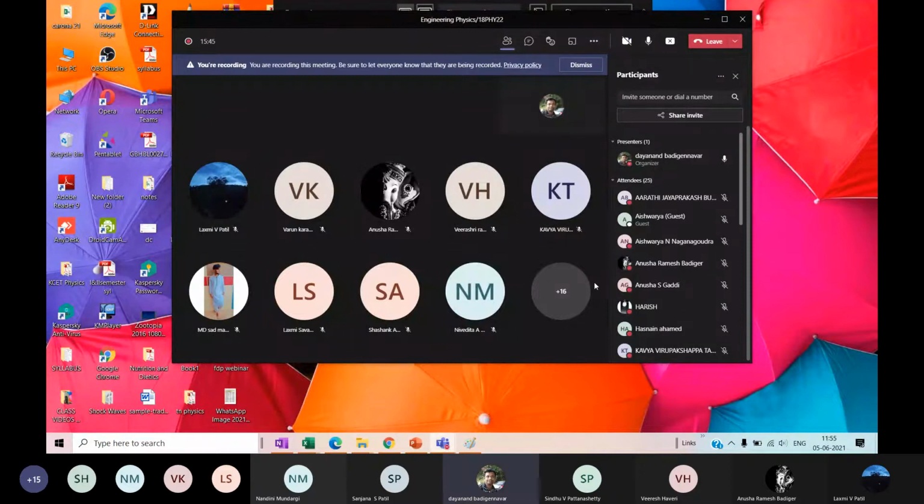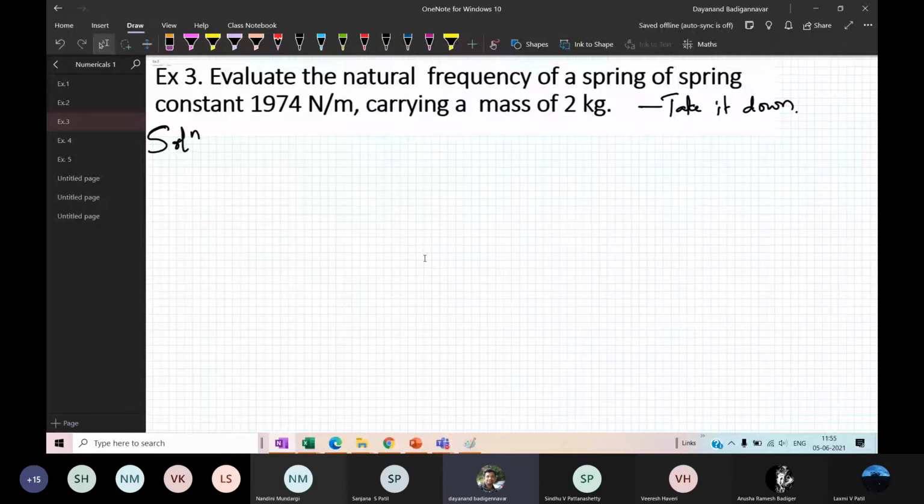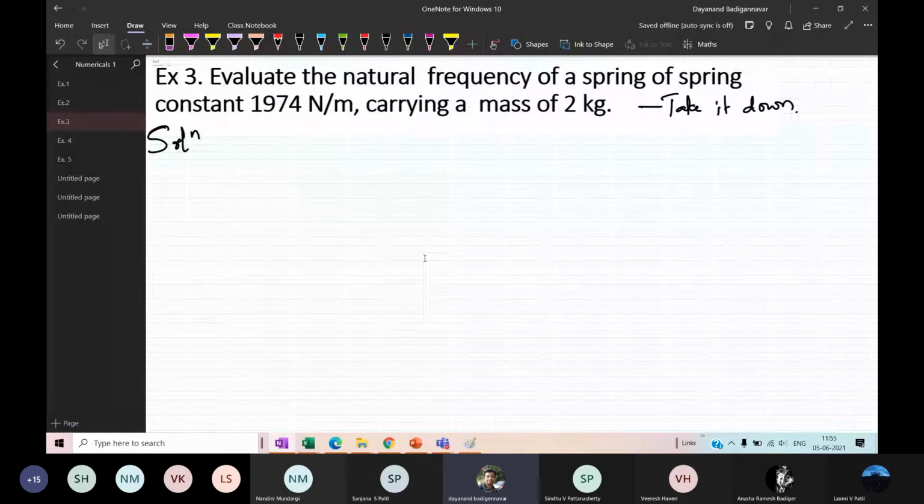Just a minute. You take it down in your notebook. Very important problem. These problems have appeared in your earlier semester end question papers.